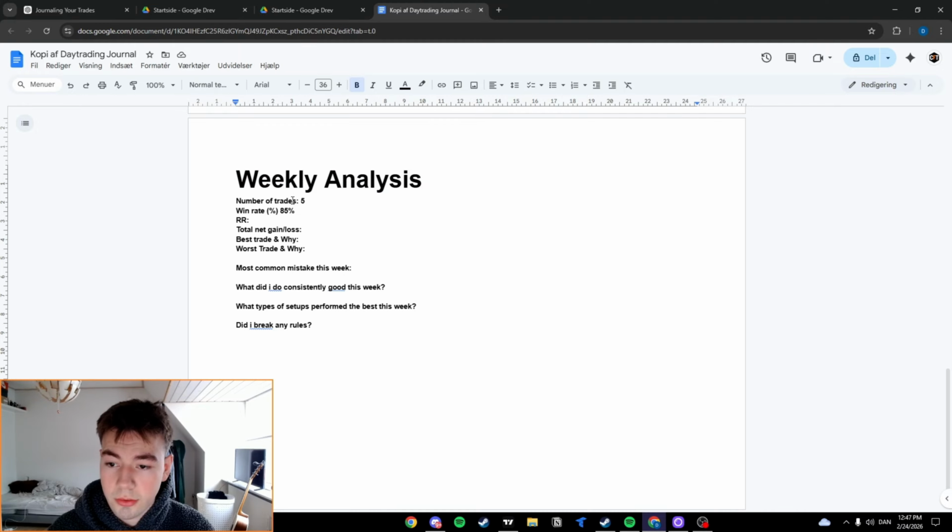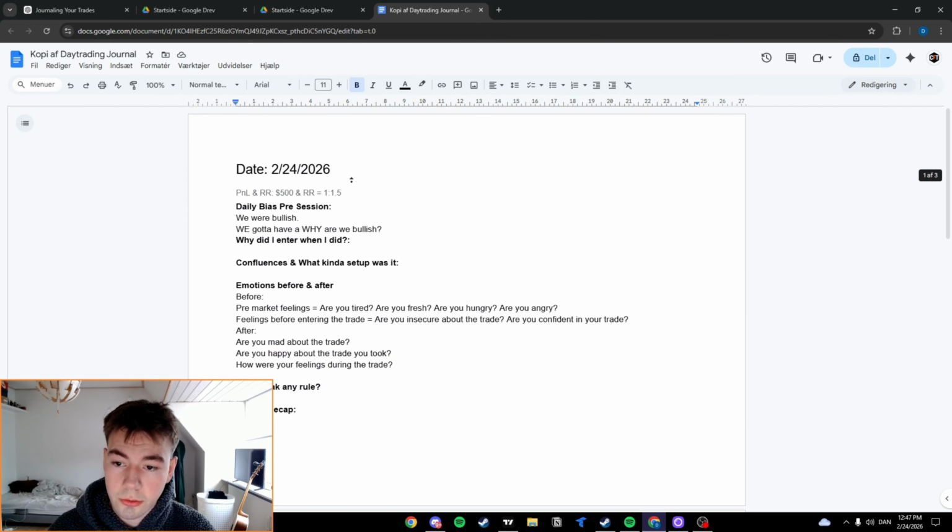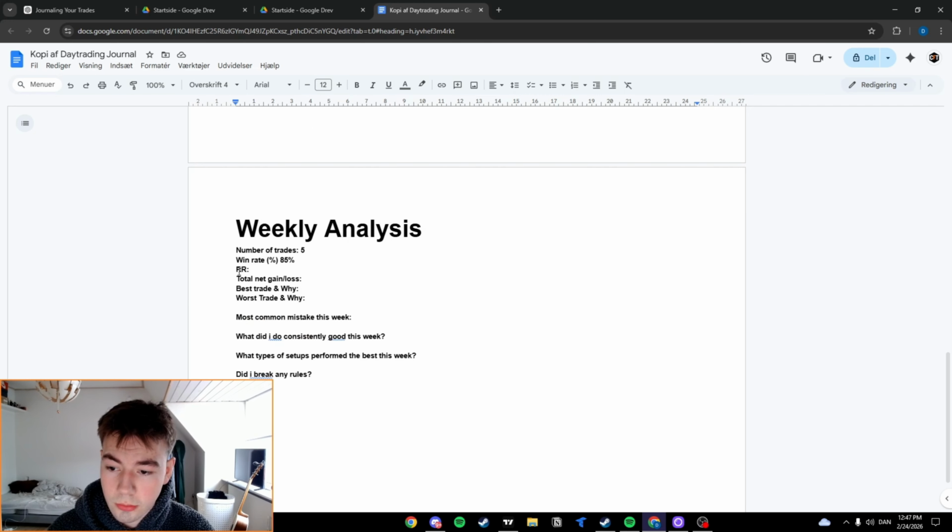Weekly analysis, let's say that here we want to note the number of trades we took. Let's say we took 5, win rate, obviously we gotta calculate that somehow, winners versus losers, break even just counts as 0, and risk to reward, we wanna go look at all the trades we took this week, calculate the risk to reward into the average risk to reward.